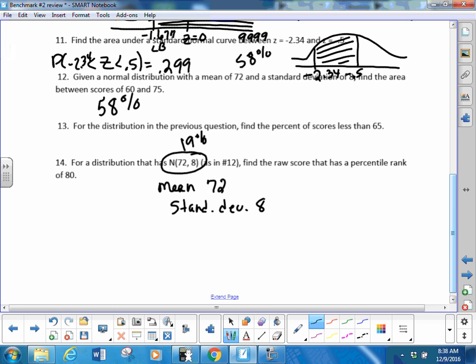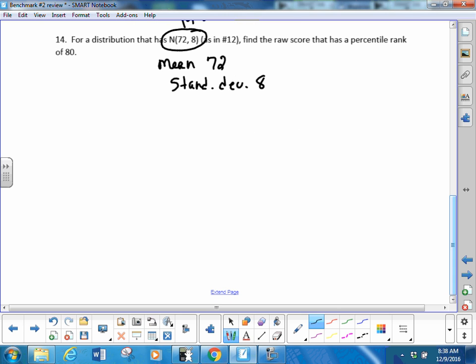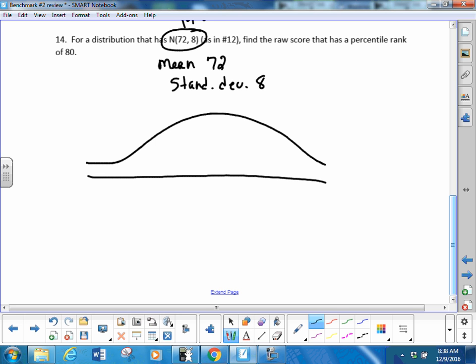For a distribution that's normal with a mean of 72, standard deviation of 8, find the raw score that has a percentile rank of 80. So, are we being given area or asked area? And how do we know we're given area?